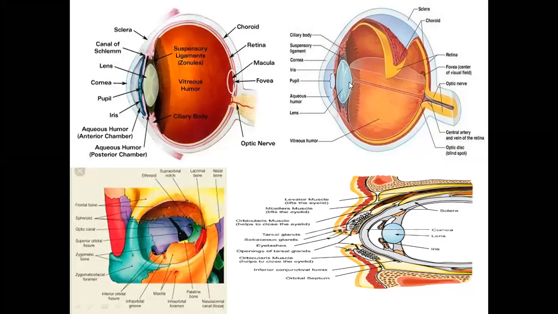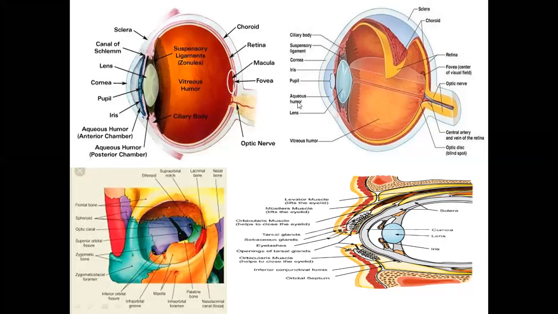When you want to see an object which is a bit far away, the lens becomes flat. In this condition, the ciliary body becomes relaxed, the zonular ligaments become tight, and they pull the lens, causing it to become flat to see a far object properly. So it is better for far sightedness.